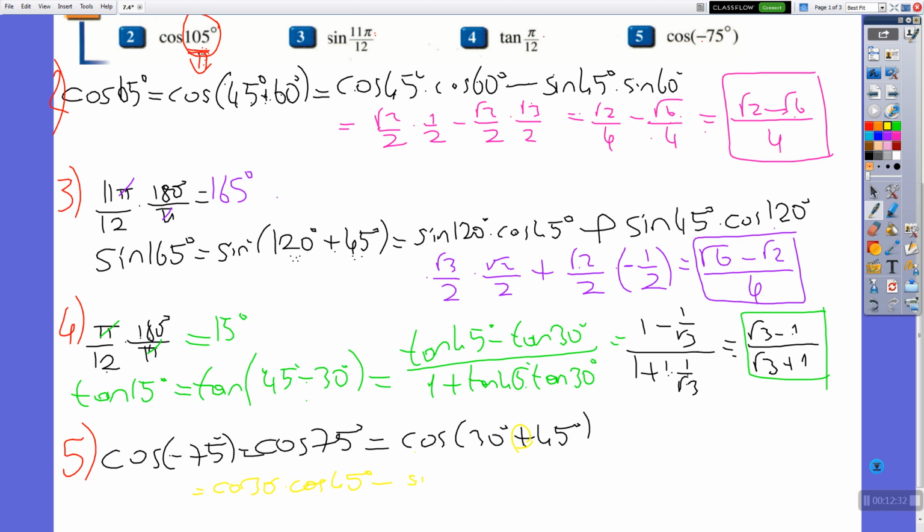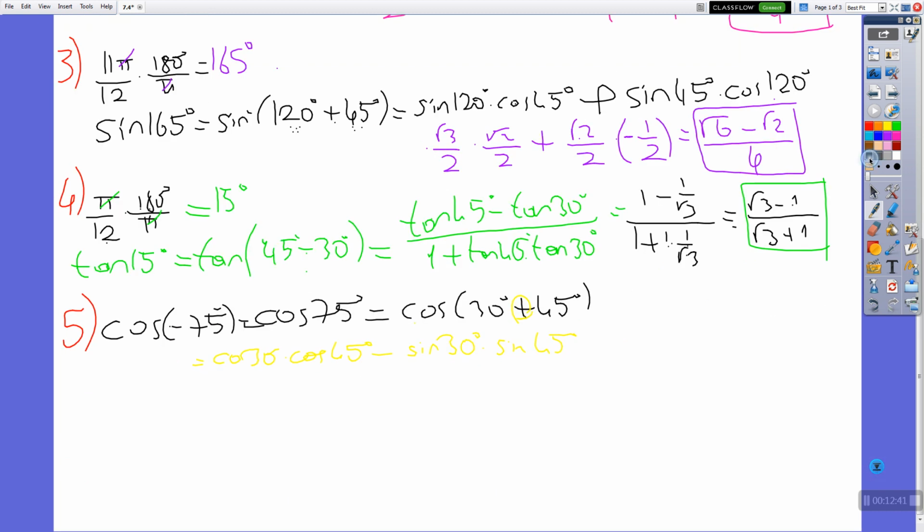Minus sines together, sine 30 times sine 45. So cosine 30 is square root 3 over 2. Cosine 45, square root 2 over 2, minus sine 30 is half. Sine 45 is root 2 over 2. So it's square root 6 minus square root 2 over 4. That's it.